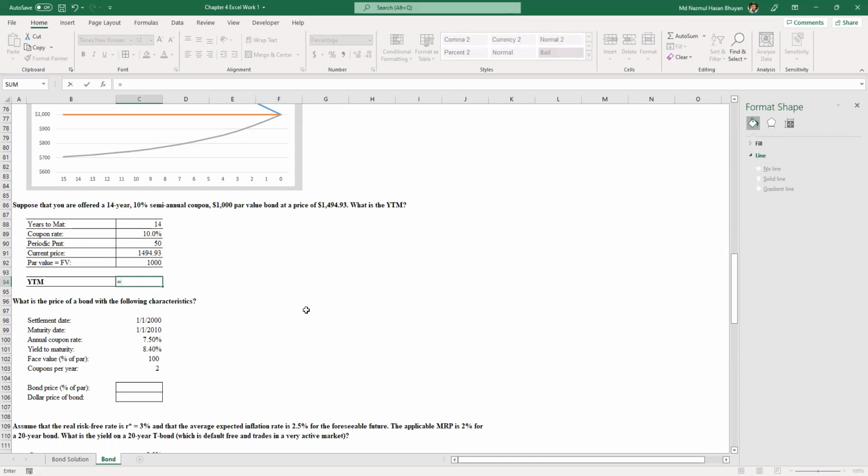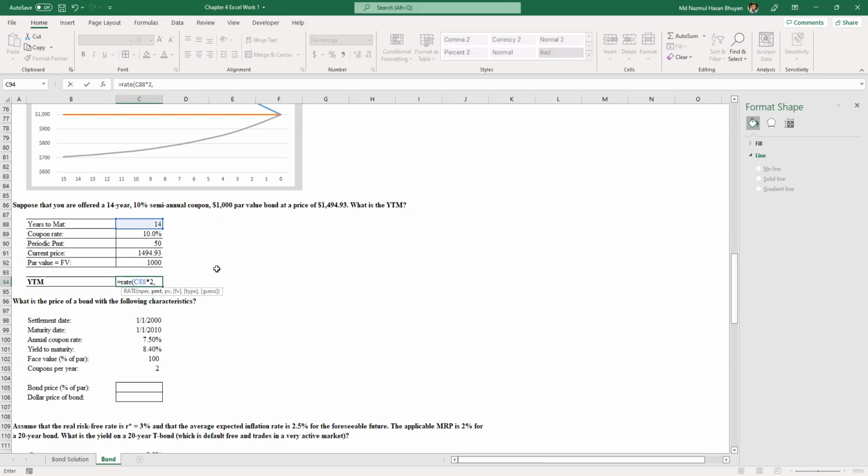So now let us calculate YTM. And then here we don't know any specific date at which this bond will mature. So we are going to use the regular rate formula to calculate yield to maturity. Rate. Now NPER. So we have a 14 years investment period for this particular bond, but we know we are going to get our coupon payment twice a year. So total number of periods in this case is 14 times 2, 28.